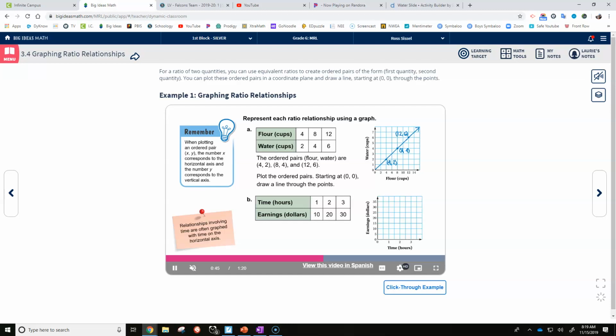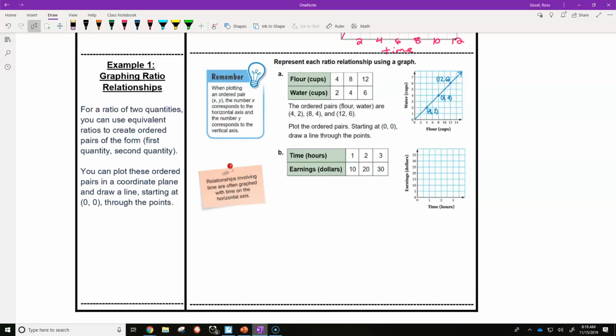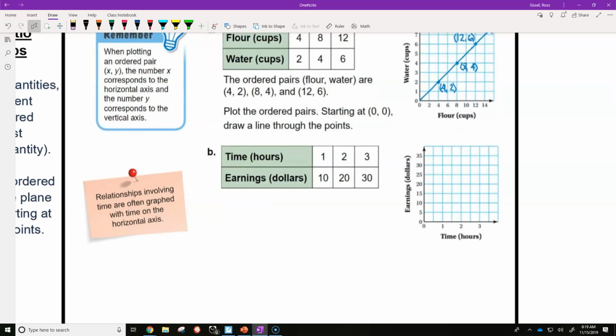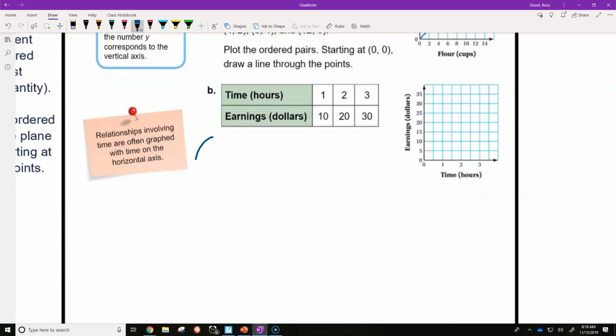You sure? Alright, so let's pause. Can anyone tell me what are my 3 ordered pairs then for B? Remember we're using 3. This time is 1, 2, 3. Earnings was 10, 20, 30. Shar? 1 to 10.